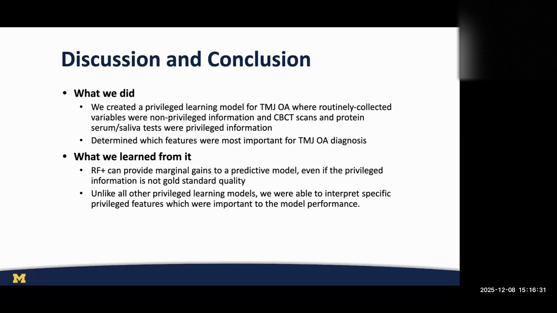And second, we determined which features were the most important for TMJ-OA diagnosis. This is unique because no other privileged learning models that we're aware of are able to interpret specific privileged features which are important to the model's performance.